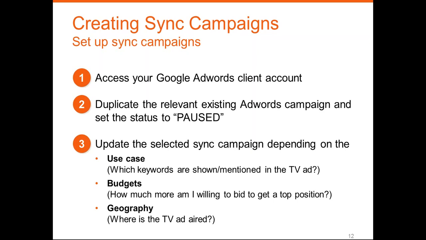The reason we say duplicate the contents is that it's very important to have the same keyword and the same ad text, so the same copy, with the same landing page, due to the way that ad rank is calculated.